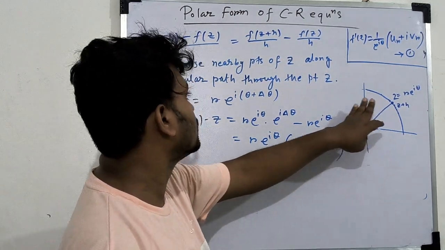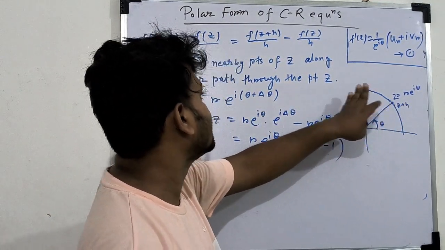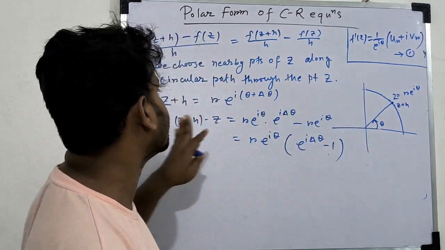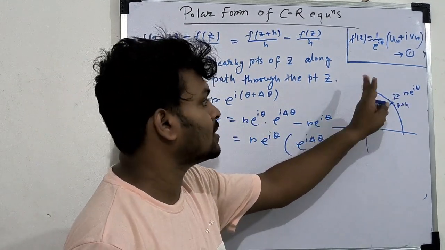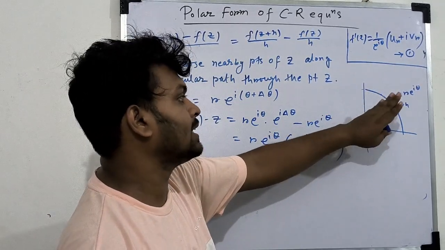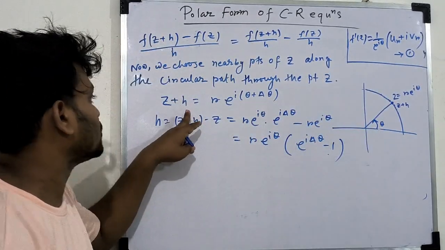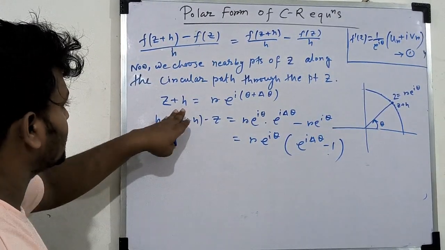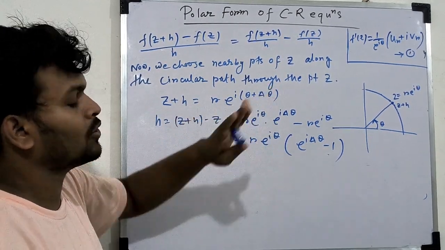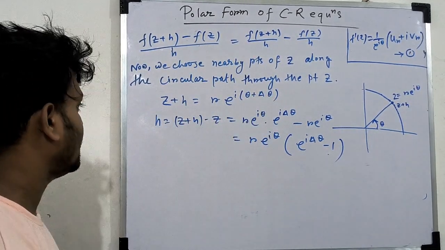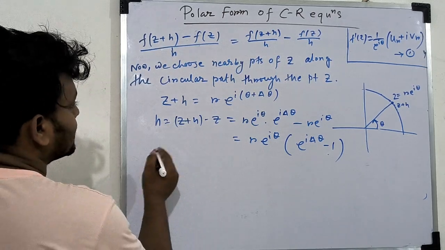Whenever we choose nearby points of z along the circular path, z plus h becomes like this, as r remains unchanged and the circular angle theta changes. As we change the position of this point z, theta changes to theta plus del theta. Therefore we get h equal to this.